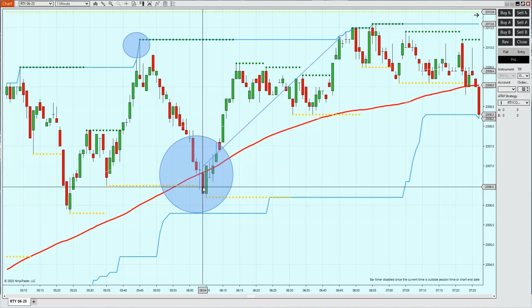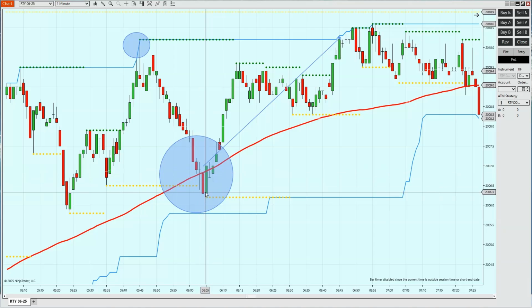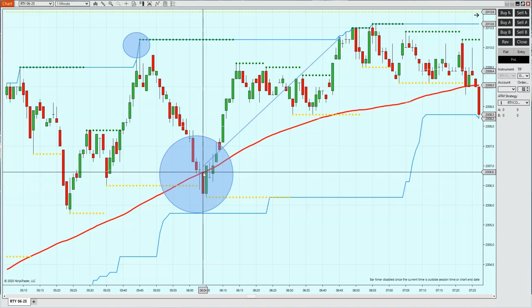Now I'm going to talk about something here. This red candle looks like it's below the red line. This is where you get into that splitting hairs thing, because there are two main things to remember.